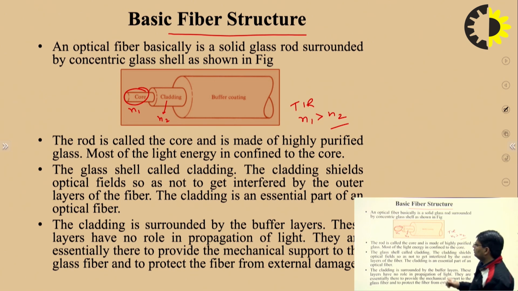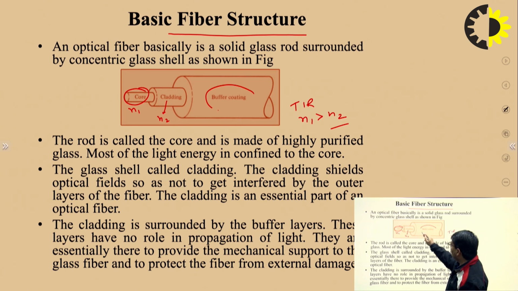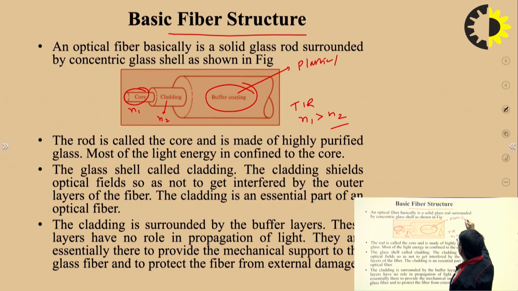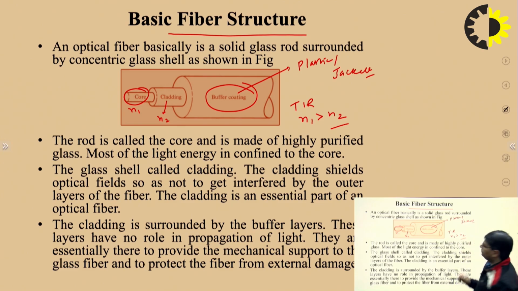And moreover, for the protection purpose and to give the mechanical strength to the fiber, we may have an outer buffer coating, also known as the plastic coating, also known as the jacket. So this is the main basic structure.